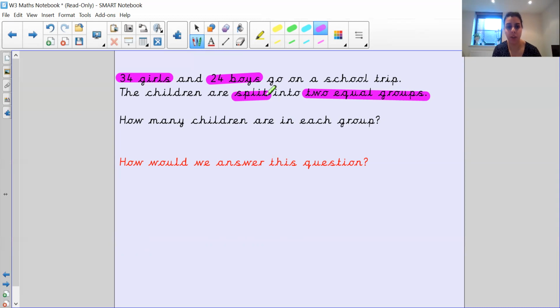Okay, hopefully you said divide, because we're dividing if we're sharing it into each group. Now, we've got to work out what our division question is going to be. I'd like you to pause the video again now and write down what you think it could be. This is tricky because I've got 2 numbers here and 2 equal groups. I'd like to see if you can try and work it out.